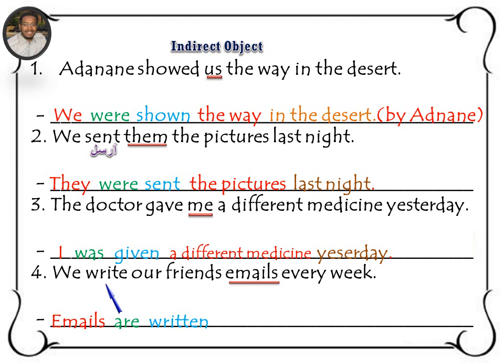And excellent to, the preposition, to say to whom these emails are written. So to whom are they written? Exactly, to our friends every week. And we get emails are written to our friends every week. So the new element here is to. Excellent job.